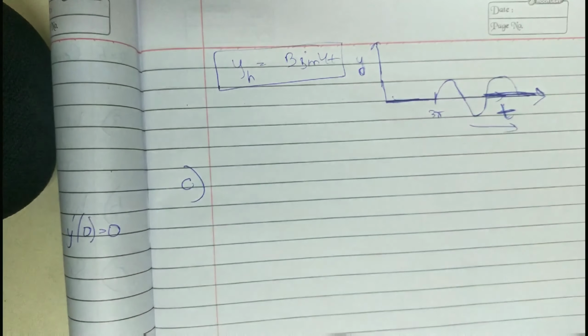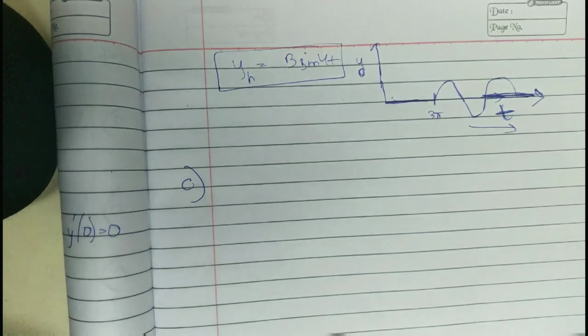Let's move on to the third part, right? The third part states that we need to solve the ordinary differential equation, sketch the graph of the solution and compare the two graphs, right?